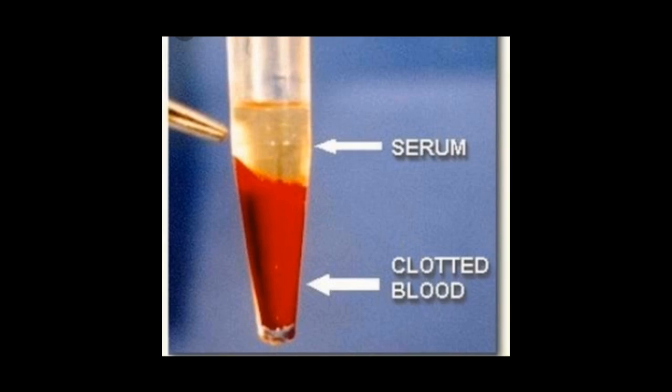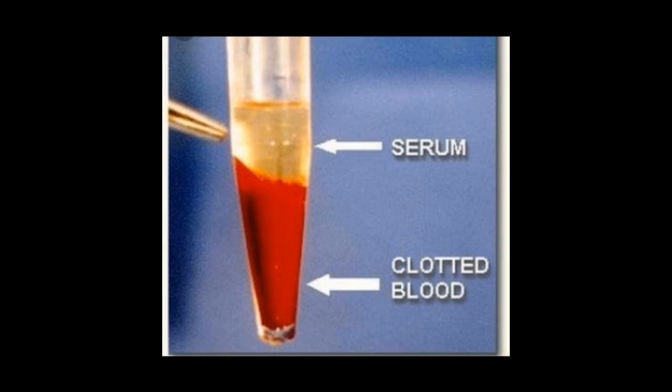So when you take a blood sample, you keep it for a while, yes or no? Then what happens? The blood portion and the serum get separated. The solid component and the liquid component get separated. This is called blood serum.